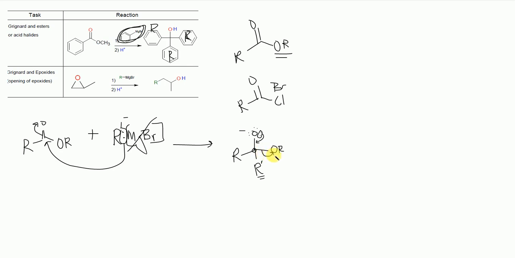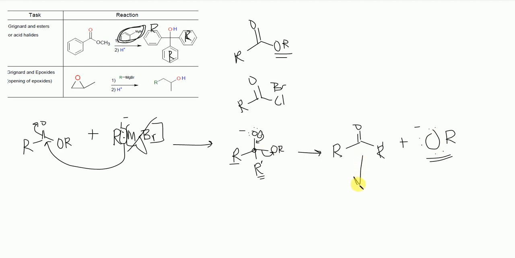So this is going to come off, and it's going to kick off the R group because it's already a weaker bond right here. So what happens is I get my R, this group, I have my carbonyl that reformed right here, and then I have my R prime, right, that I used in the beginning as a Grignard. And I get an OR minus that I just kicked off.